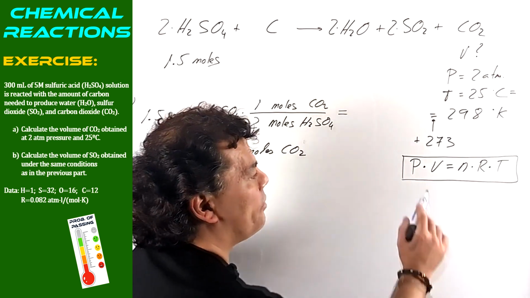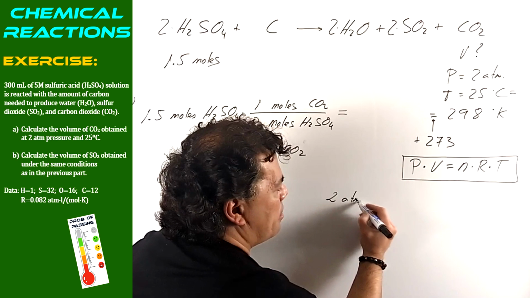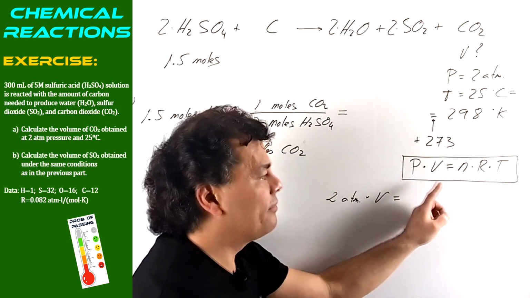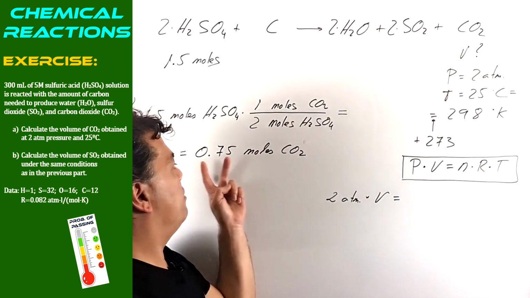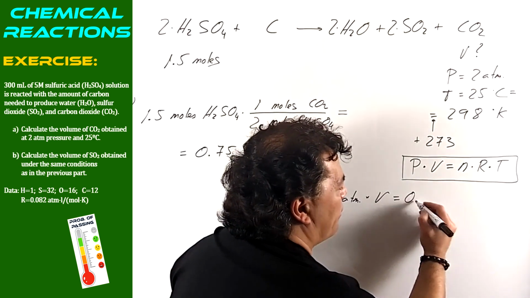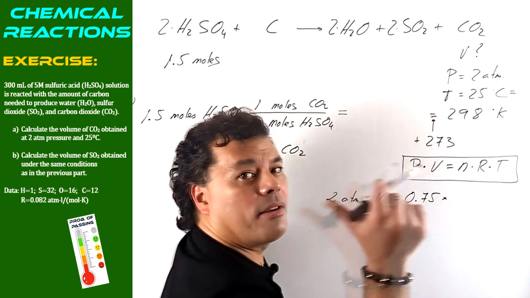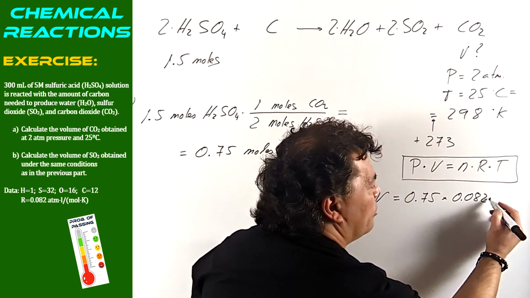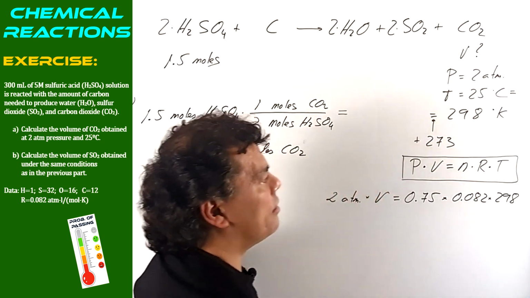And we have pressure, 2 atmospheres, multiplying volume, that is what we are asked to calculate. Number of moles of this substance produced, 0.75, multiplying the Rydberg constant, 0.082. And multiplying the temperature, 298 kelvins.